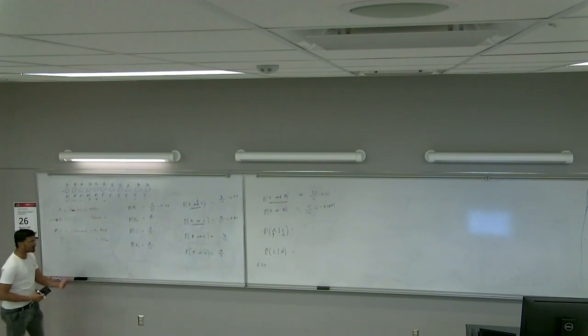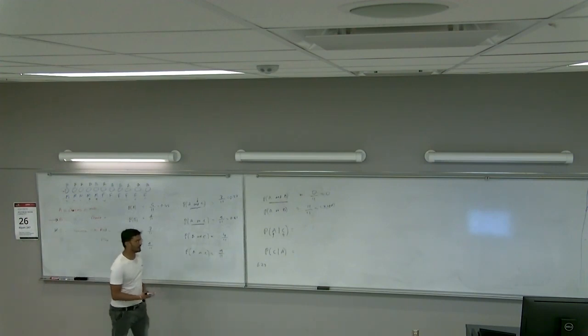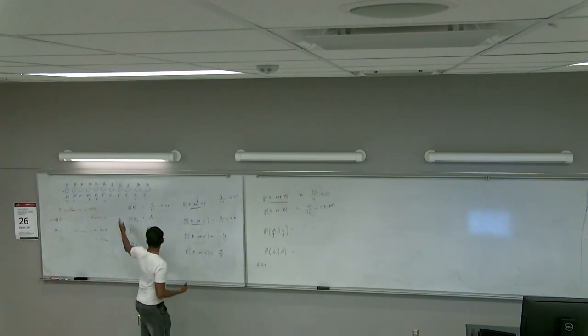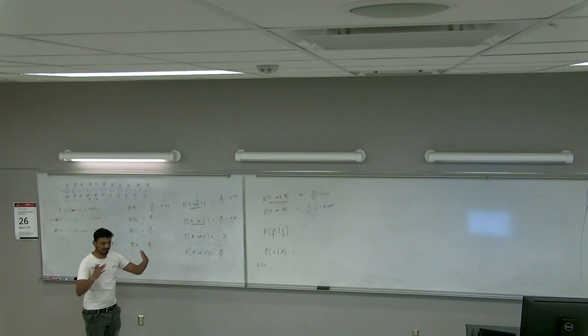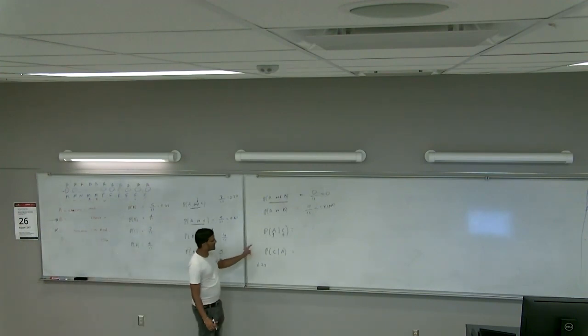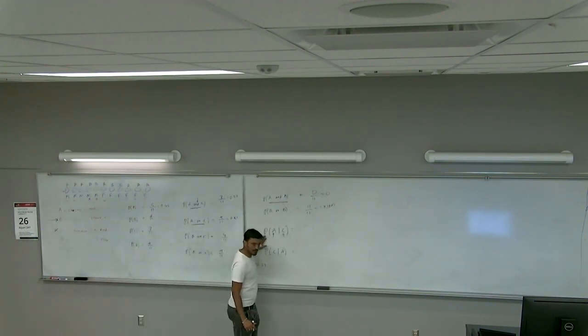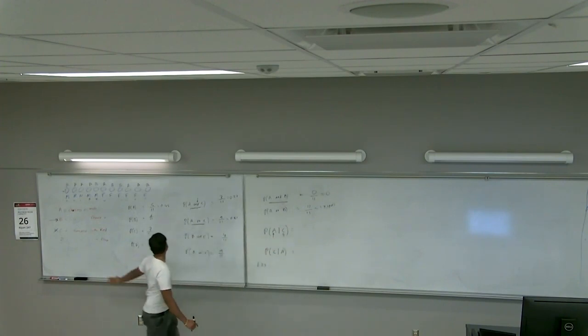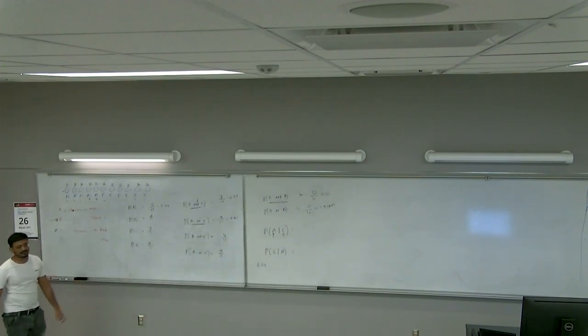So what do they mean by the probability of A given C? Now suppose we have all these 11 people in a room, and you need to find the probability of A. That means the probability of choosing a male when C is given. What do they mean by C is given?